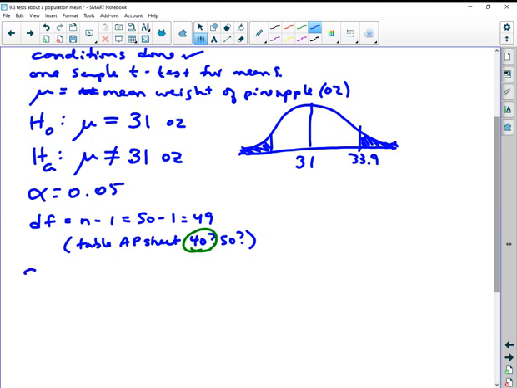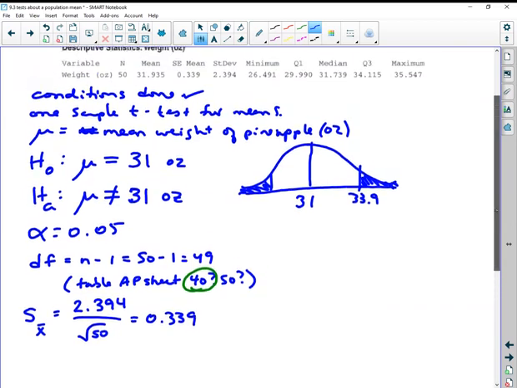And so now let's get the standard error of the sample statistic. It's funny, if you look at the Minitab output, see if you can find that number.